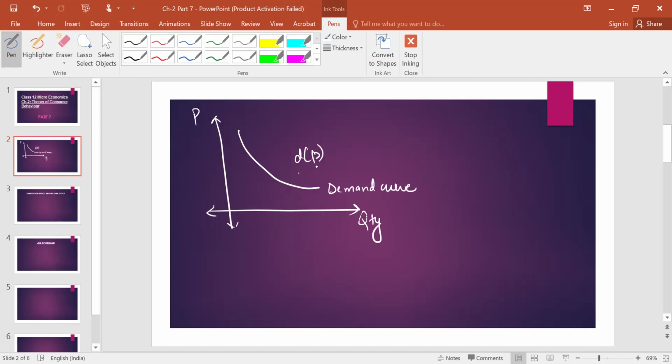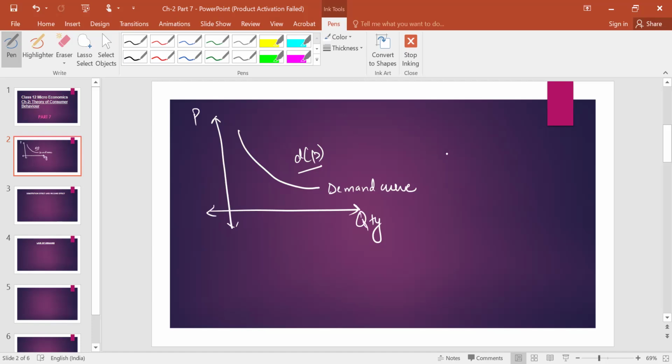We can write it down as D, which is a function of price. The law of demand states that as the price of a good increases, the quantity demanded for that commodity reduces.